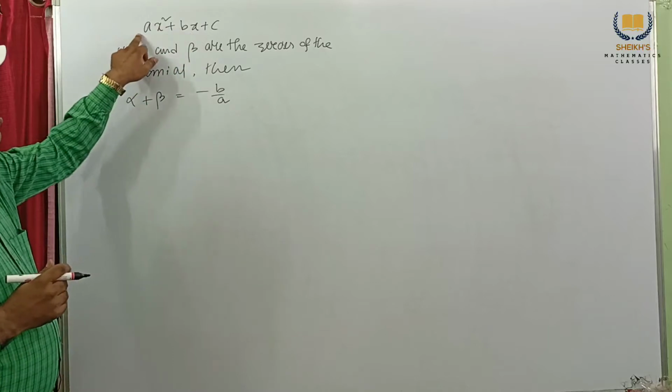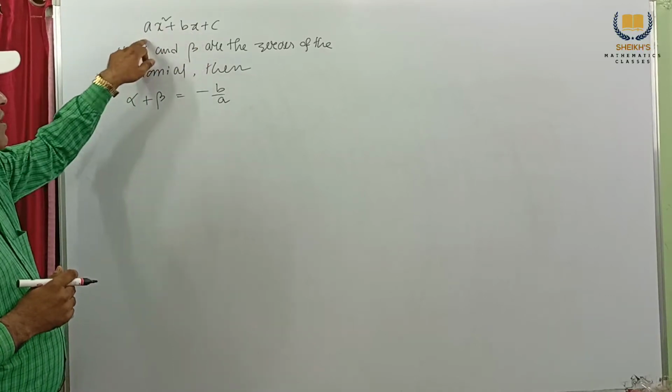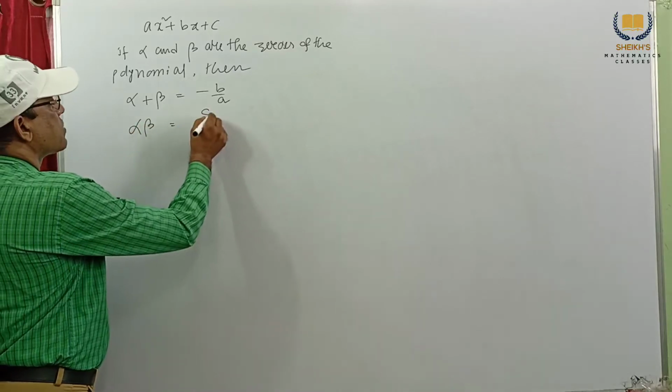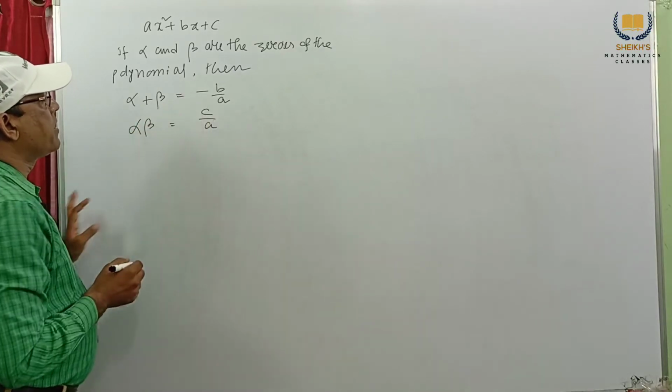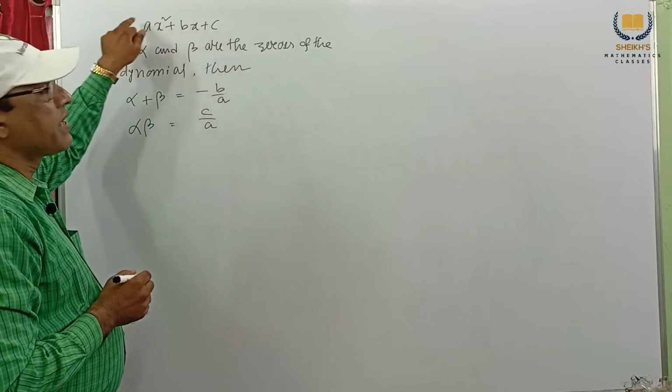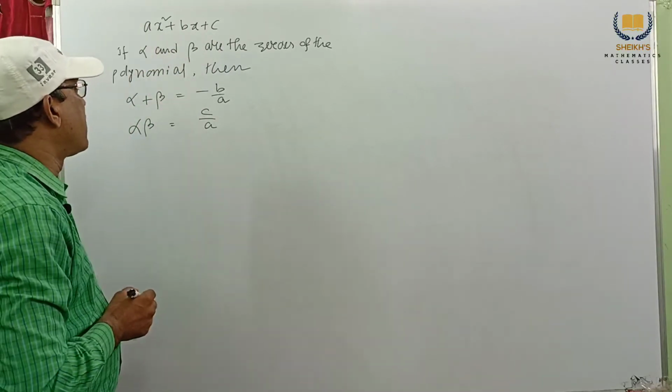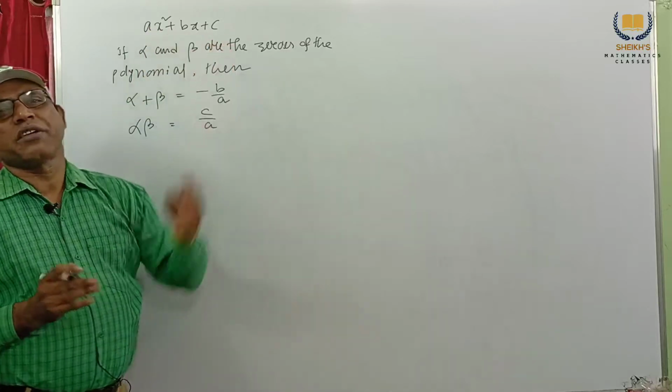Minus b by a, that means coefficient of x by coefficient of x square, and product of the zeros equal to c by a, that means constant term by coefficient of x square. This is the formula in case of quadratic polynomial.